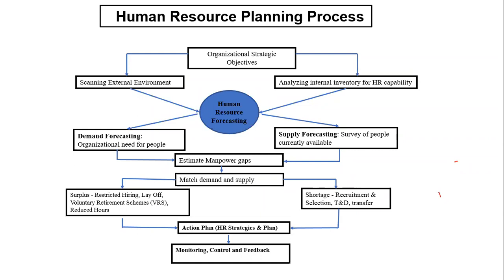Now, assuming we needed 50, but the supply forecast indicates that we have 40, then there is a deficit. Alternatively, if we needed 50 workforce, but the available workforce in our Human Resource Information System indicates we have 70 workforce, then it implies there is a surplus.